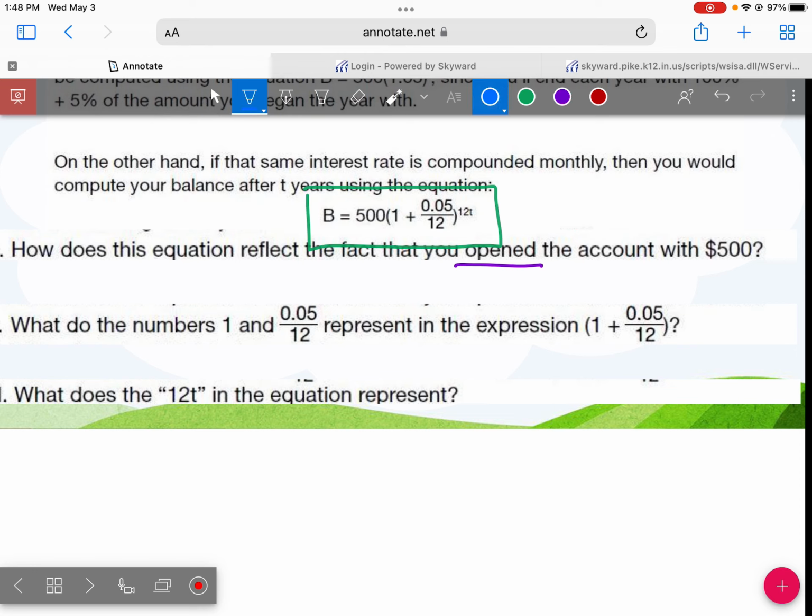What tells you that? Yeah, it's in the initial amount part of the equation. So $500 is in the initial amount part of our equation. And what else?